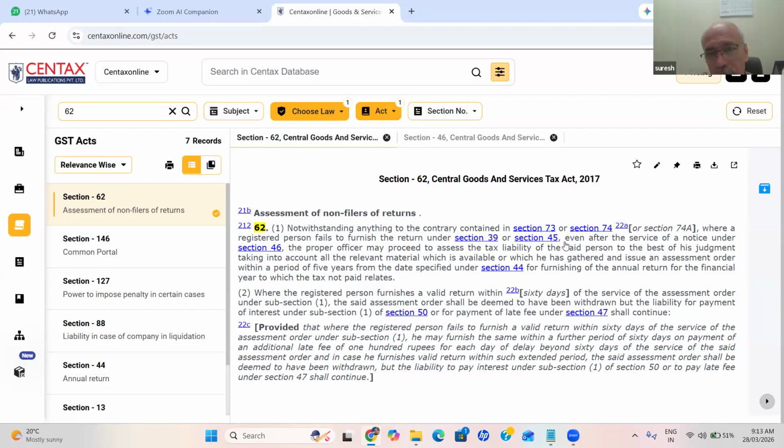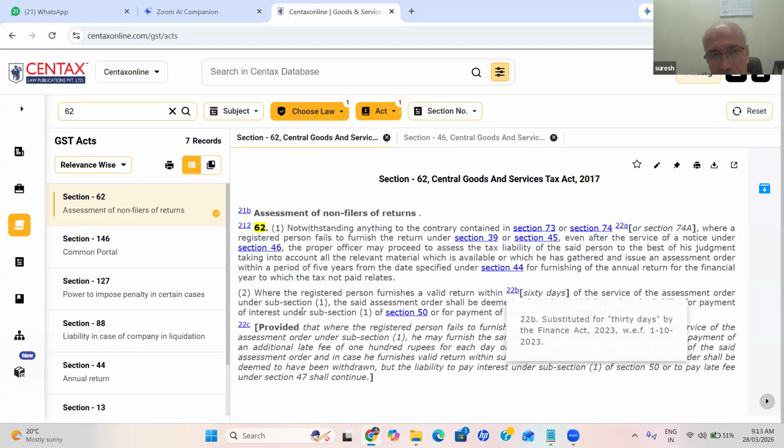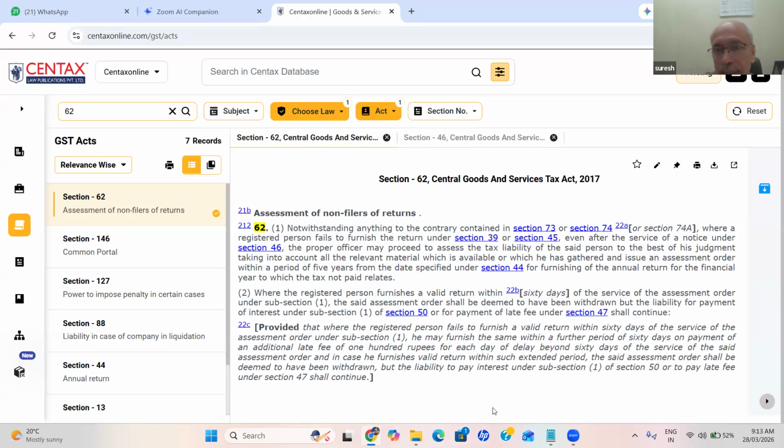After those 15 days, if the return is not filed, the proper officer may proceed to assess the tax liability of the said person to the best of his judgment, taking into account all the relevant material which is available or which he has gathered. This is very important. So here the proper officer is allowed to assess as per his best judgment, but he has to take into account all the relevant material which is available or which he has gathered, and after doing this, he will issue an assessment order.